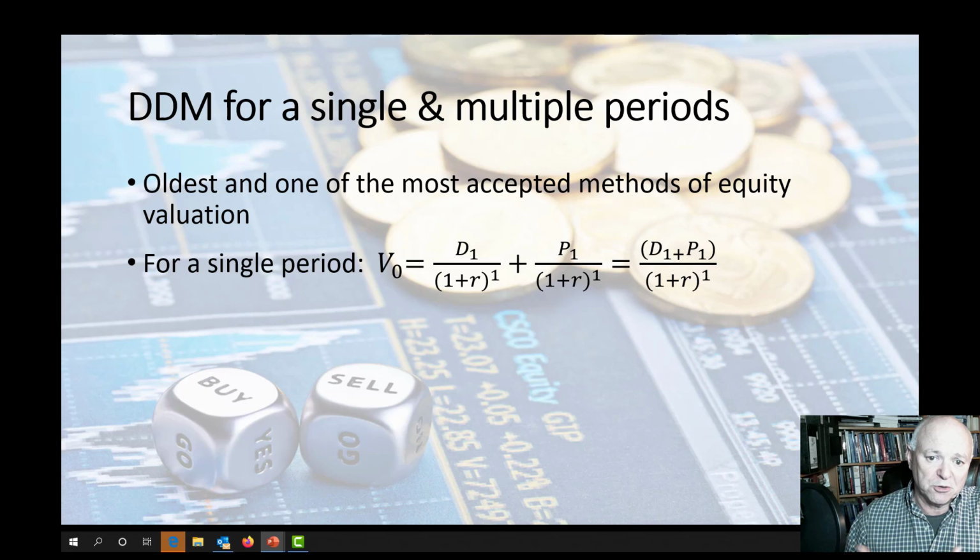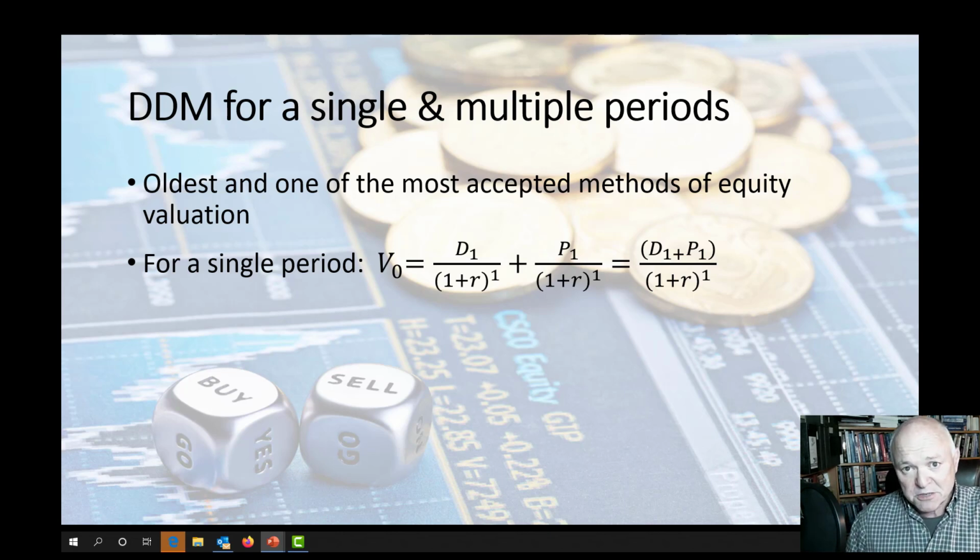If we're going to discount it at a cost of equity, and remember this is cost of equity, not cost of capital, because you're investing in equity when you buy the shares, not investing in a whole company, so we only use R sub E in this particular shorthand. So if we had a 10% cost of equity, 1.1 over 1.1 essentially says the price today should be $1.